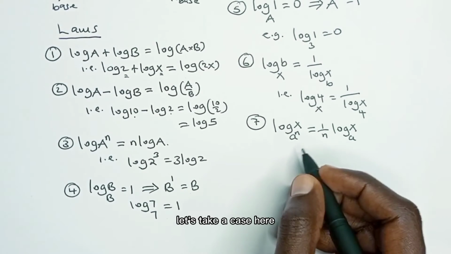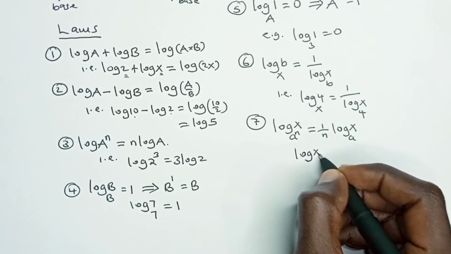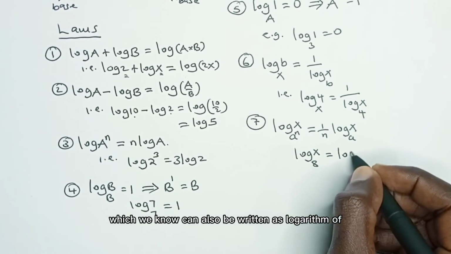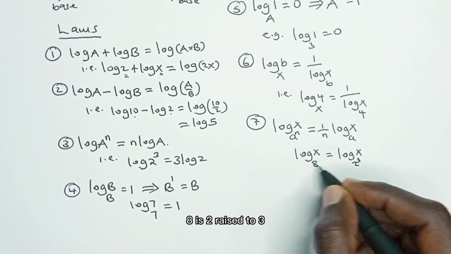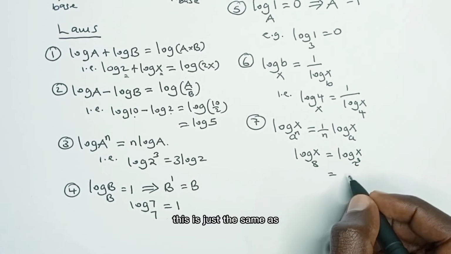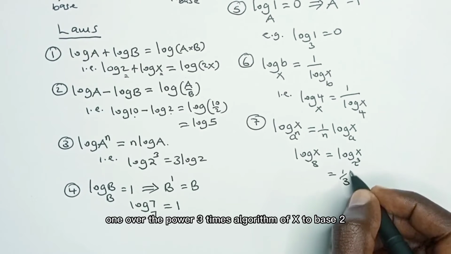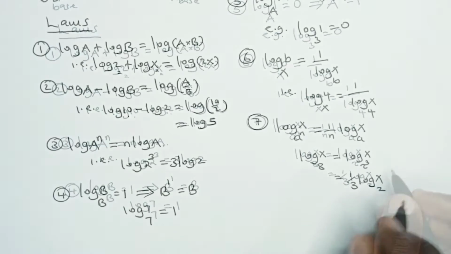Let's take a case here. Say logarithm of x to base 8, which we know can also be written as logarithm of x to base 2 raised to 3. 8 is 2 raised to 3. This is just the same as 1 over the power 3 times logarithm of x to base 2.